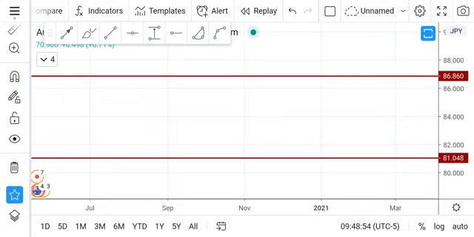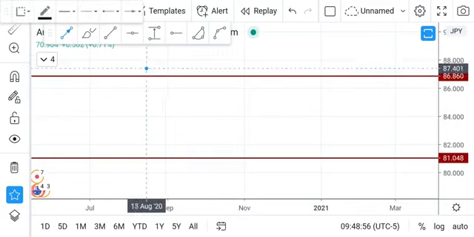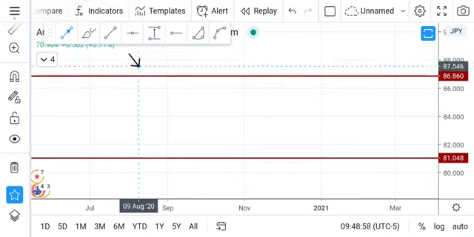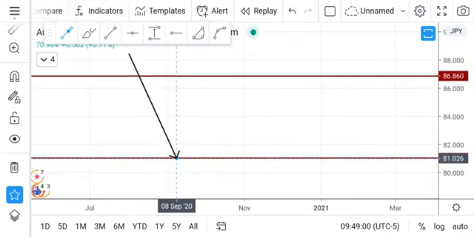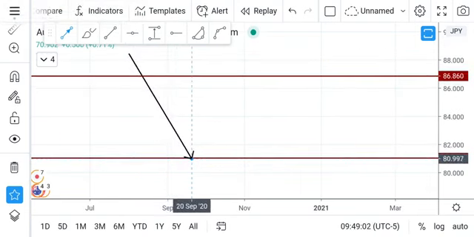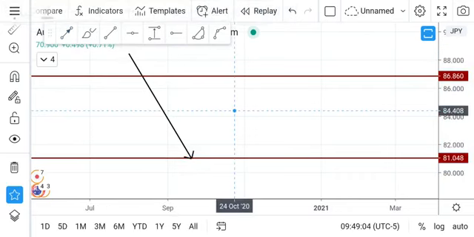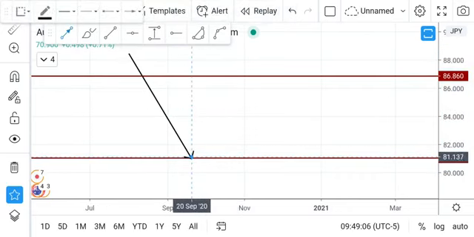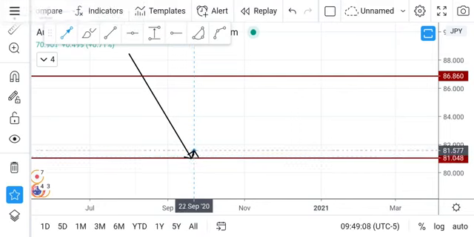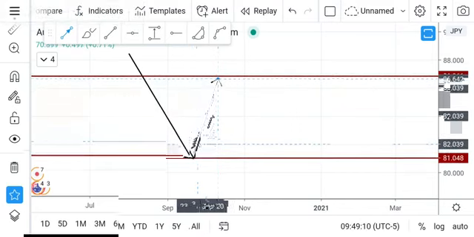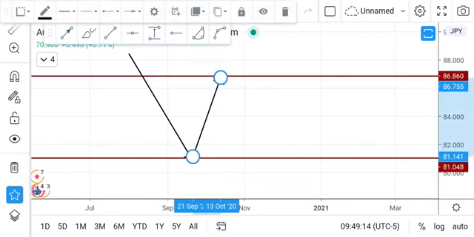So what is going to happen with a double bottom chart pattern is that price is going to break down and hit a level of support, and the next thing, buyers are going to push the price up. Buyers are going to push the price up and it's going to hit a level.